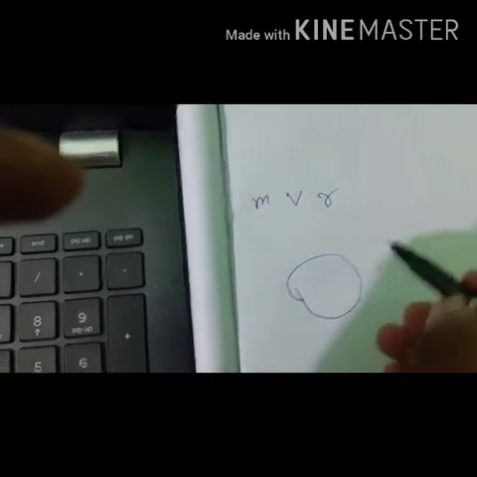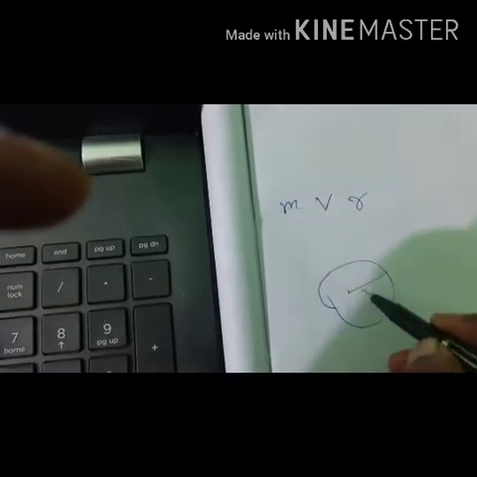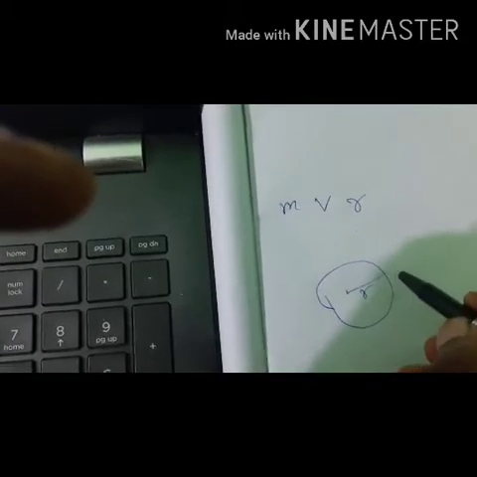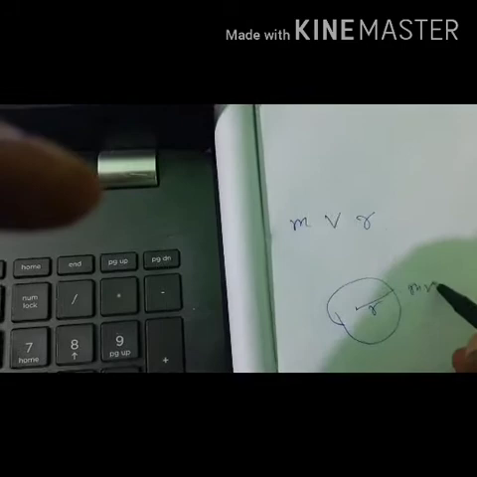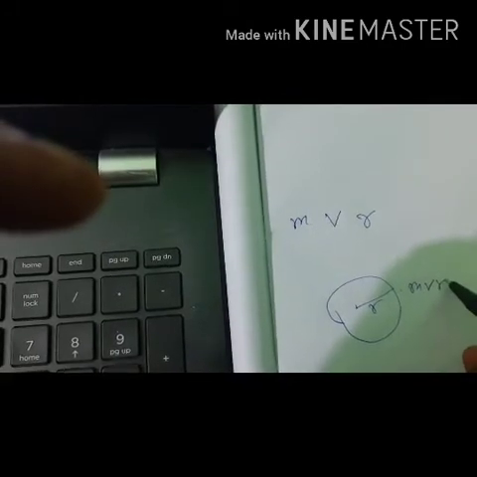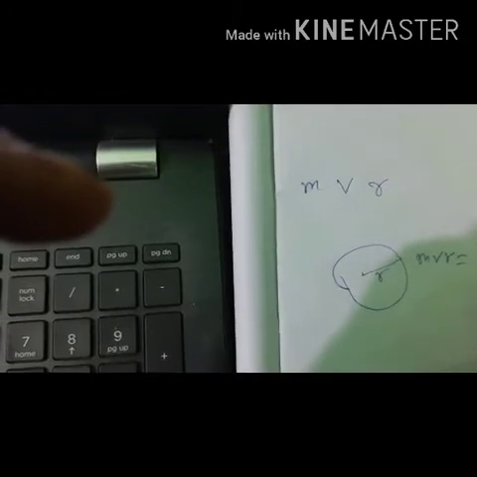Now here, if we consider that this is the radius r and the mass of the electron is m, then mv is the linear momentum and r is the radius, so mvr will be equal to nh by 2 pi.